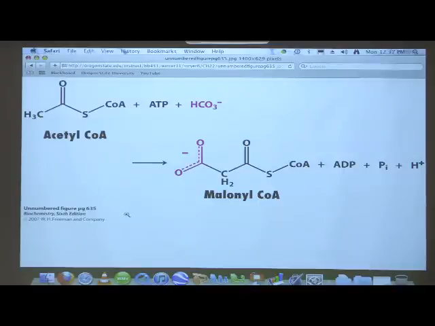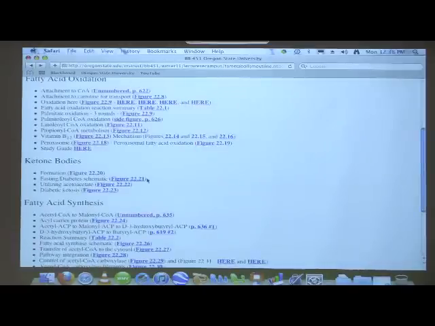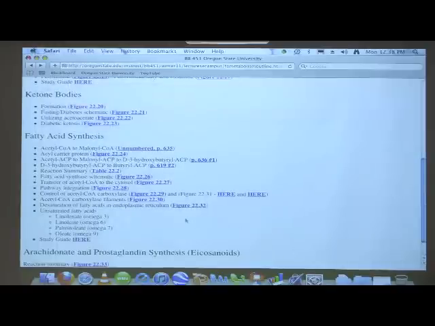Acetyl-CoA carboxylase catalyzes this reaction. And as I said, it's the only regulated enzyme in fatty acid synthesis. Its regulation is interesting and complicated. So before I show you the reactions of synthesis, I'm going to show you how this enzyme is regulated.